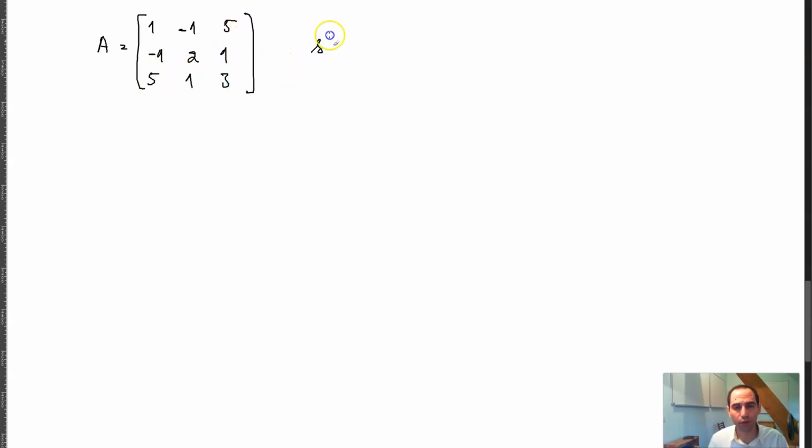And you want to show that A is symmetric. So basically a symmetric matrix means that A prime is equal to A.